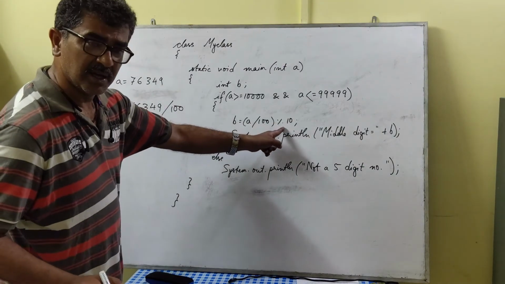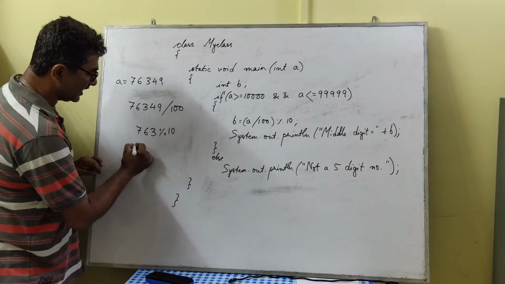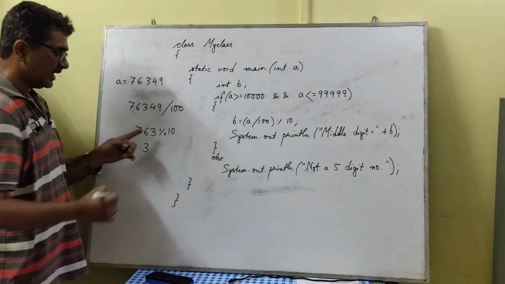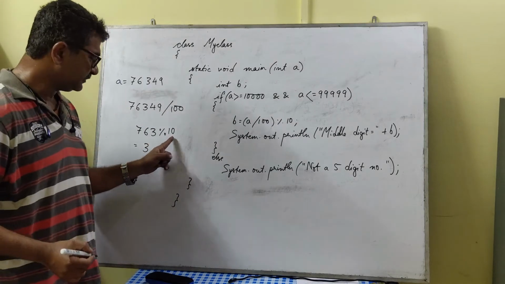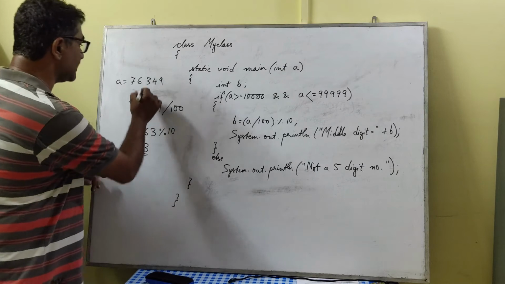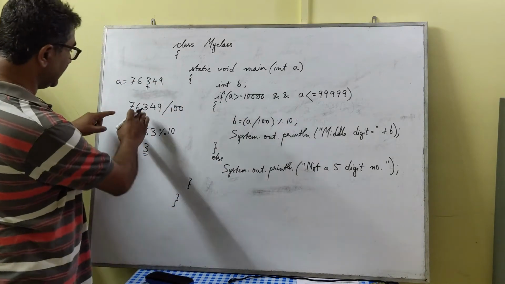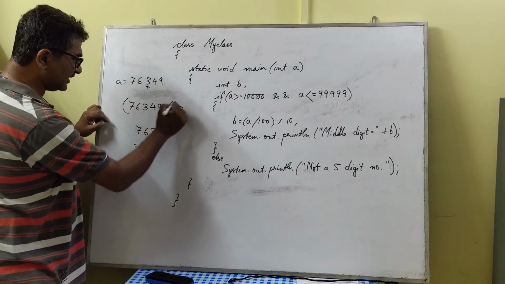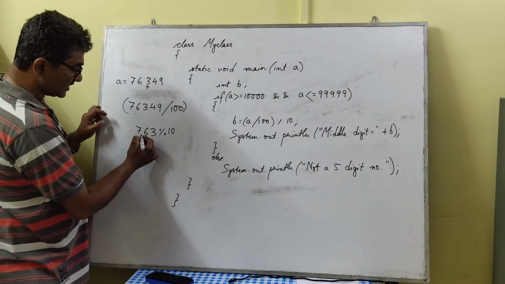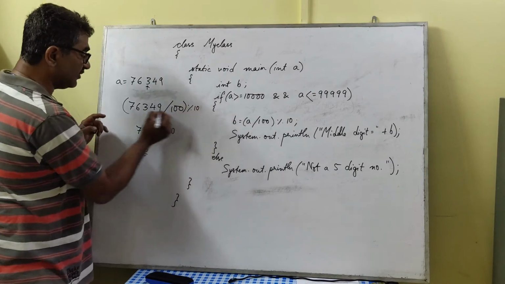Now this modulus 10 will give us 3. Any number divided by 10, its last digit is always the remainder. So we get 3, which happens to be the middle digit. So this is written as a single statement. This entire thing, which results in 763, modulus 10 will give you 3.